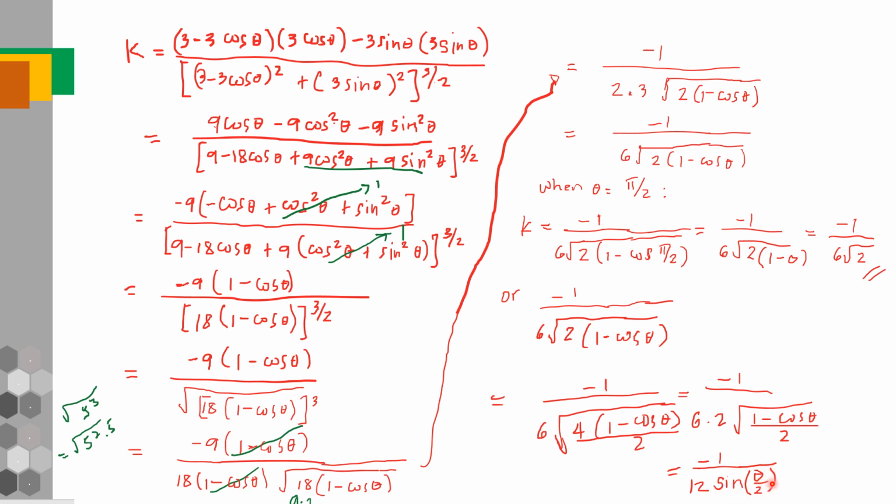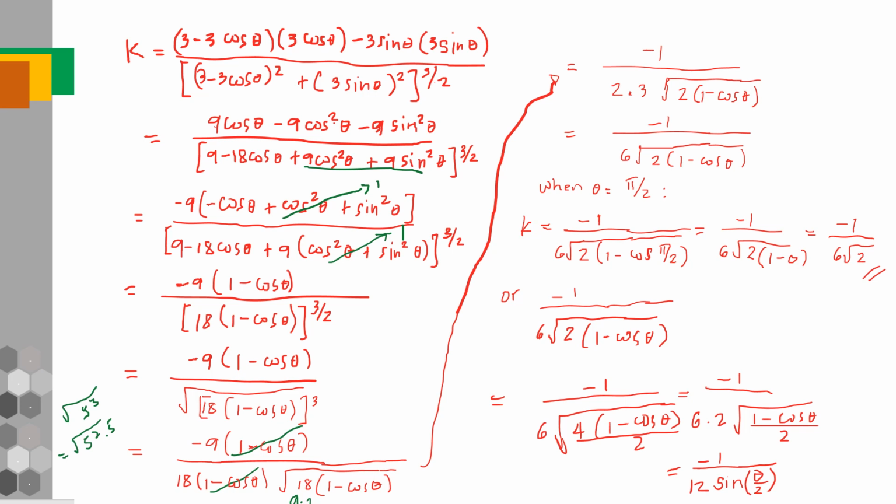Then, when theta is 0, so we have sine of 0 over 2. Sorry, yung theta pala is pi over 2. So, magiging pi over 4 na to. So, yung sine ng pi over 4 is square root of 2 over 2. So, pag in-evaluate mo yan, magiging negative 1 over 6 square root of 2 na rin.